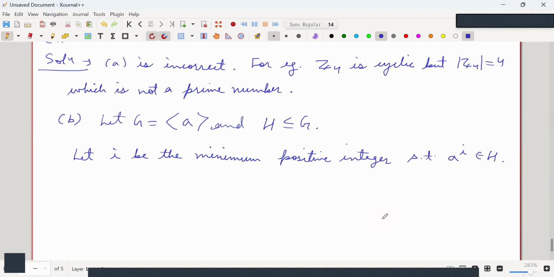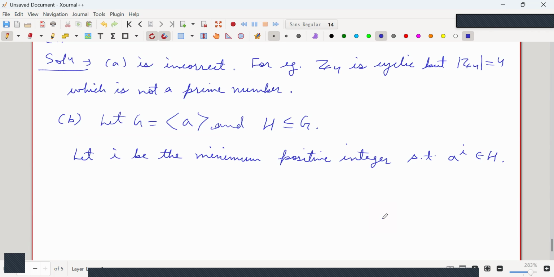We will say A square, A cube, A4, and so on. So the index is varying over integers, and every subset of positive integers has a least positive number. So this minimum positive integer exists. So H will be a collection of powers of say some A^I, A^J, A^K, maybe A square, A cube, A5, A8, anything. And in the negative direction also there will be the inverse of these positive powers.